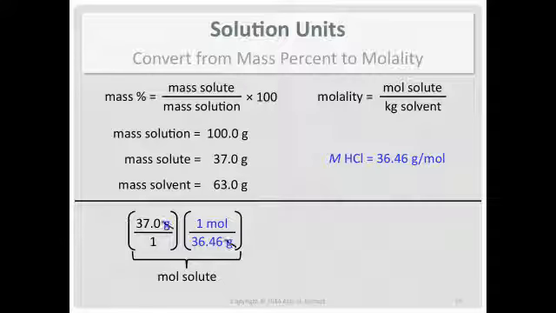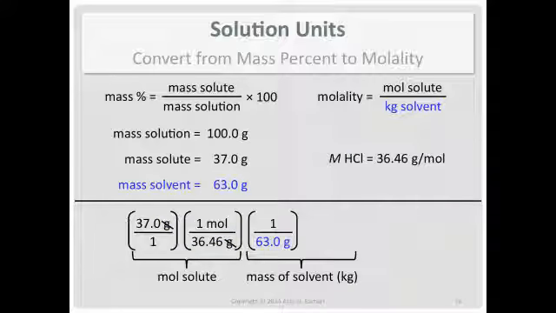Unit check. All right, we have moles of solute. Now we divide it by the mass of the solvent. But we know that has to be in kilograms because of the definition of molality. Do a unit check.